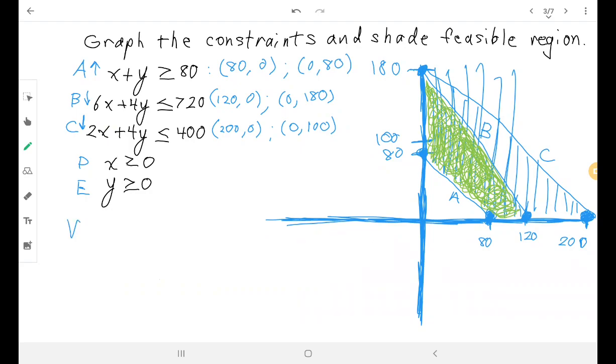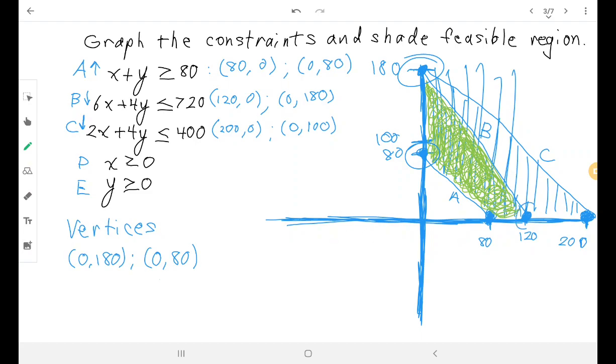So the vertices are at, there's one at 0, 180, right there. There's one at 0, 80, right there.